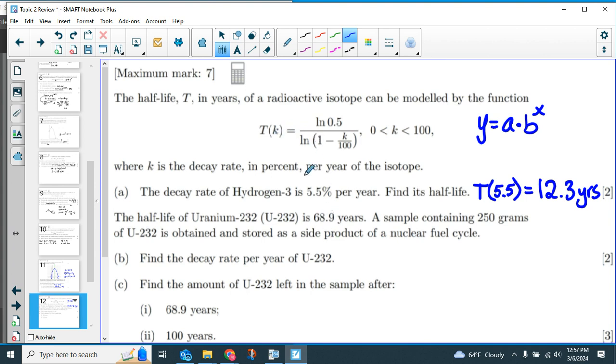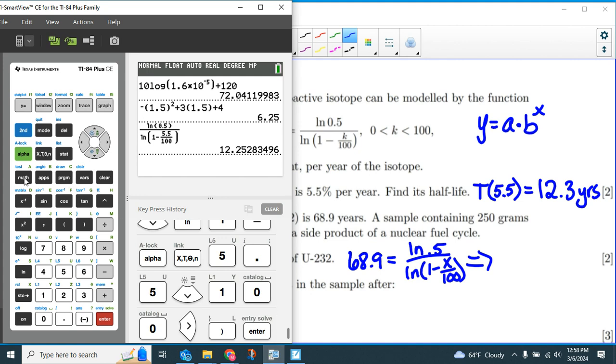So I just plug 68.9 in for T. So I know 68.9 has to equal the ln of 0.5 over the ln of 1 minus x over 100. What should I use to solve this? Yes, numeric solver. So we use numeric solver here.